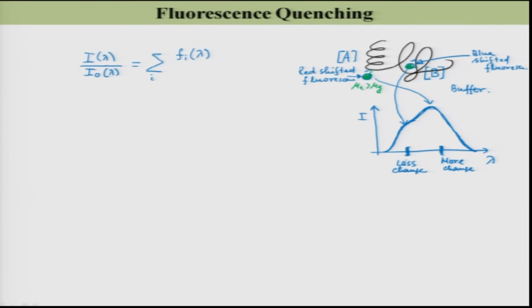If the emission spectra were exactly the same for location A and location B, then I would not have such wavelength dependency, and this Fi would also be wavelength independent. But in this case, as there is a change, this Fi depends on the wavelength. So, this is divided by 1 plus kD_i into Q.